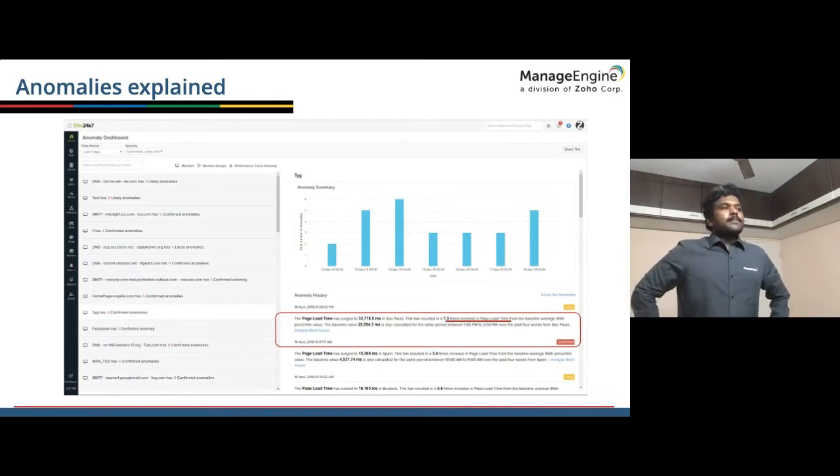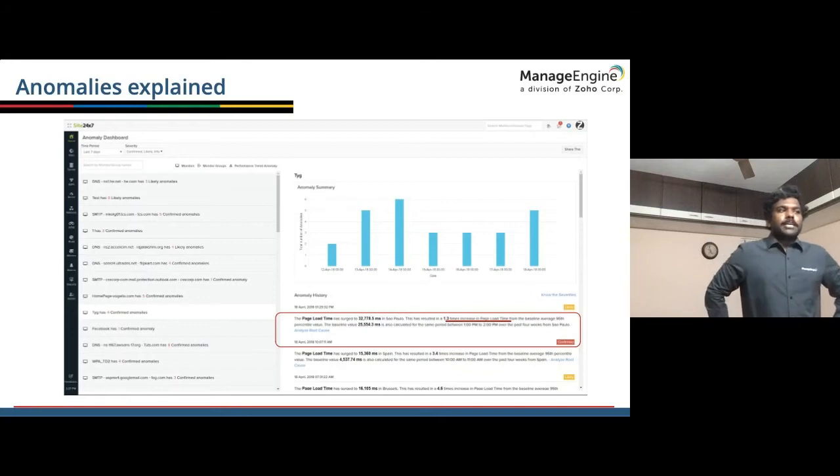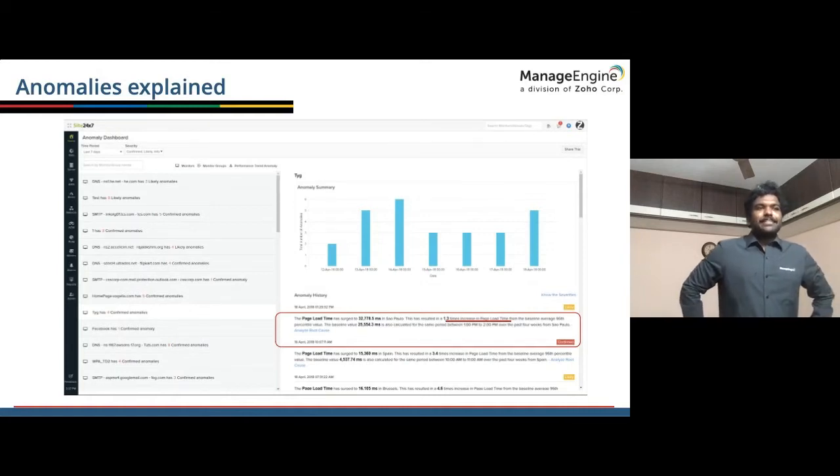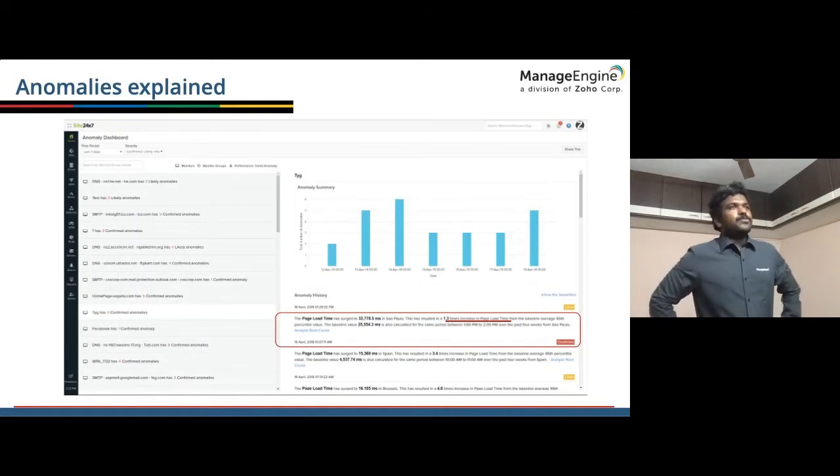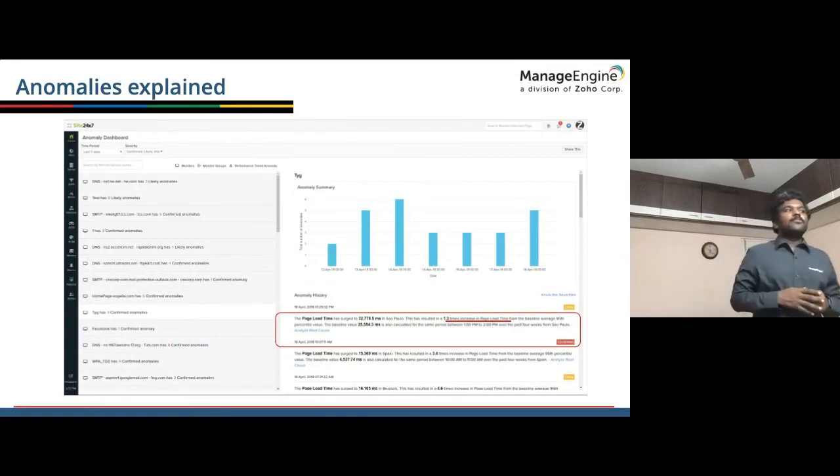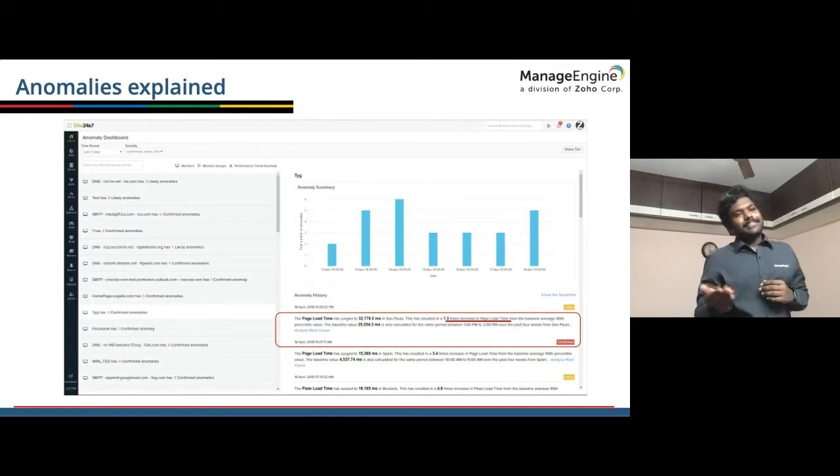You can see that the page load time has surged to 32K, which is a 1.3 times increase. The baseline also tells you that this is the value I expected. And you can see that the anomaly is confirmed, right? So there is a severity of the anomaly that is given so that you can act accordingly.